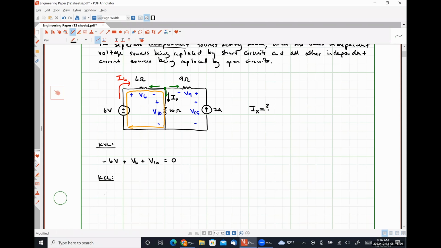So that's going to be negative I6 plus IX minus 2 amps is equal to 0. And I've written 2 equations and I currently have 4 unknowns. So what I'm going to do to relate those unknown quantities to each other is apply Ohm's law.